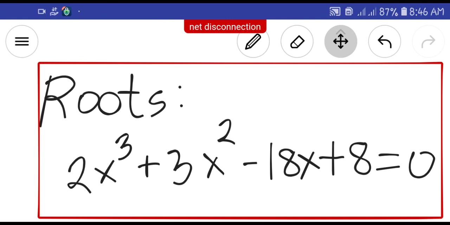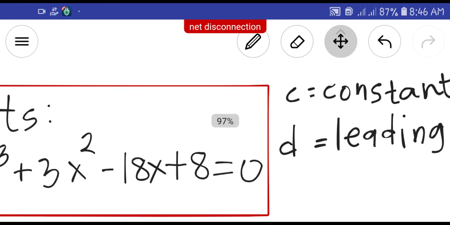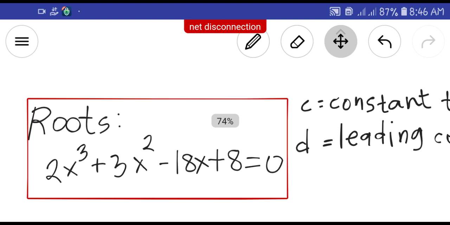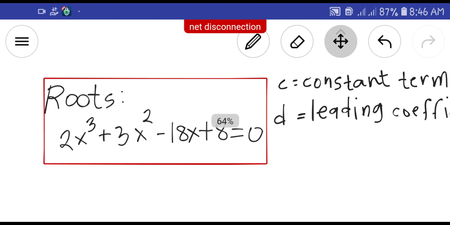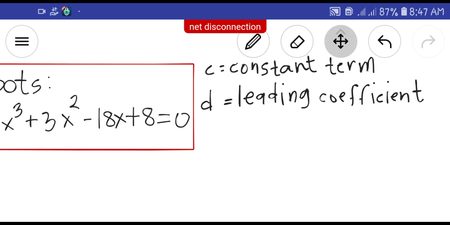The first thing you need to be familiar with in solving an equation like this is C over D, wherein C is the constant term and D is the leading coefficient of the given equation.